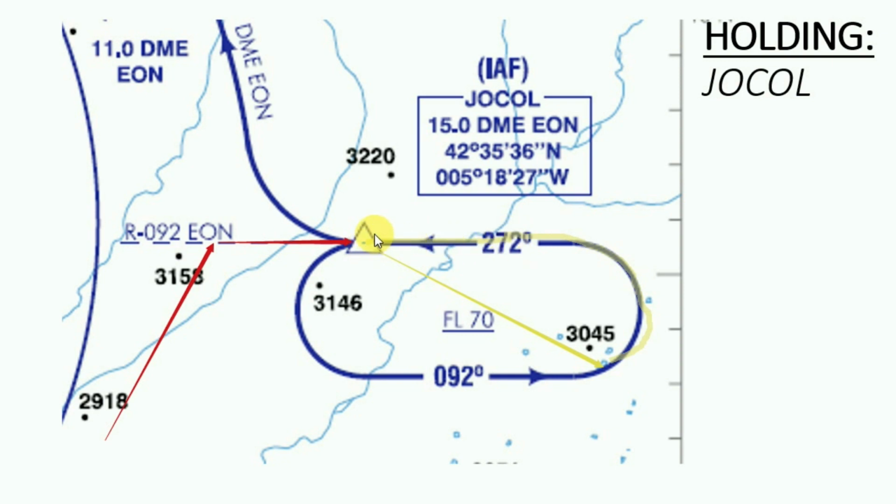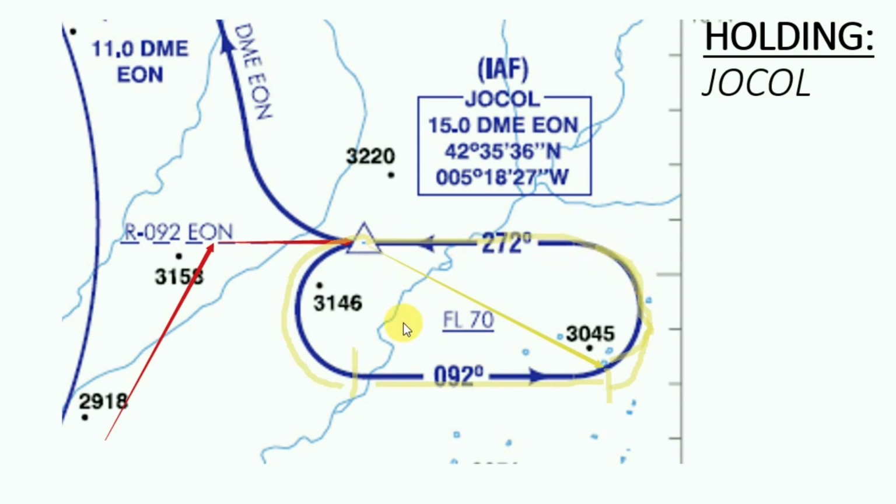When we pass DME 15, we will go for a left turn to outbound 092, and when we have the winds level or we pass DME 15, whichever happens latest, we continue again for a 1 minute outbound leg until we turn back left to 272 back to Jokol, to the station as well.